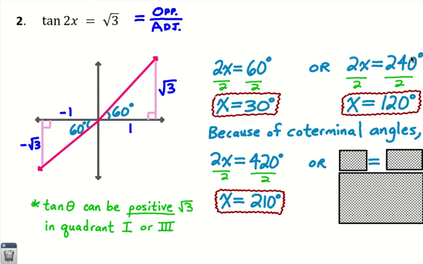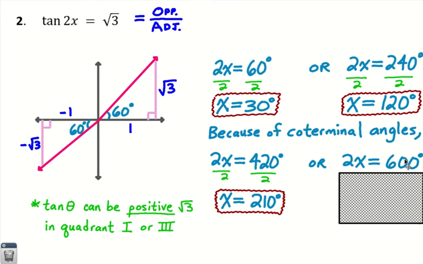And we're also going to double dip on the 240. So what angle is coterminal with 240? All you got to do is add 360 to it. So double dipping on the 240, 2x could also equal 600.